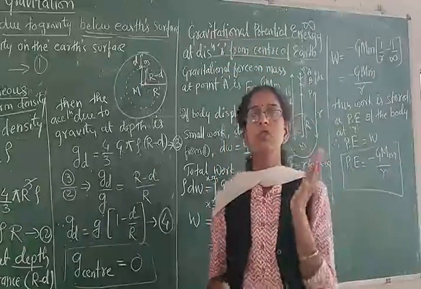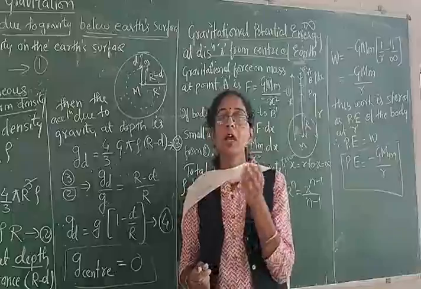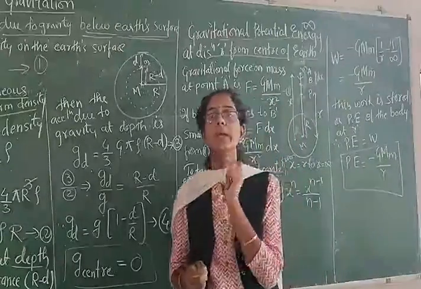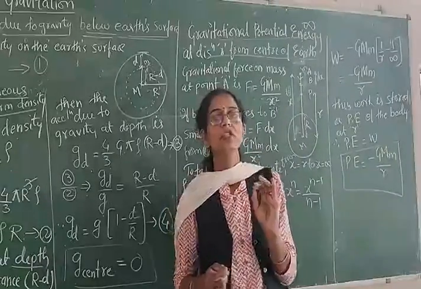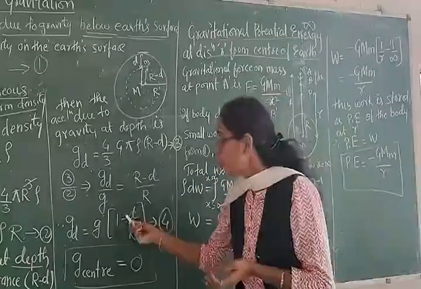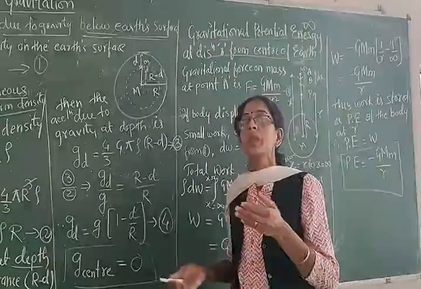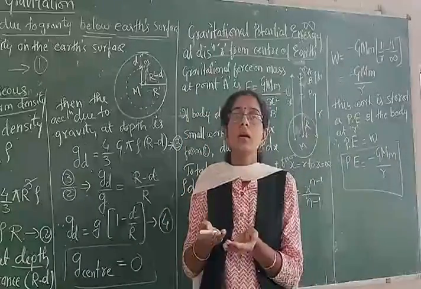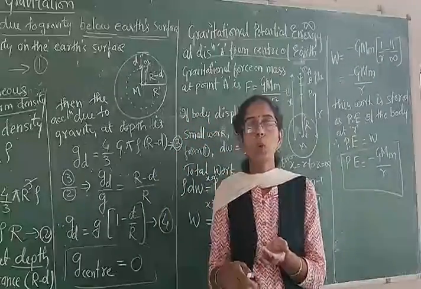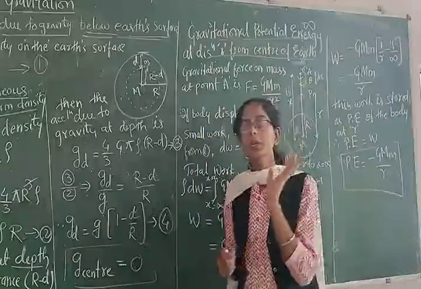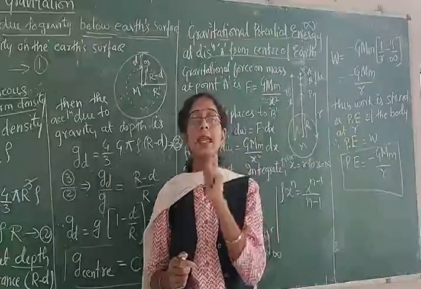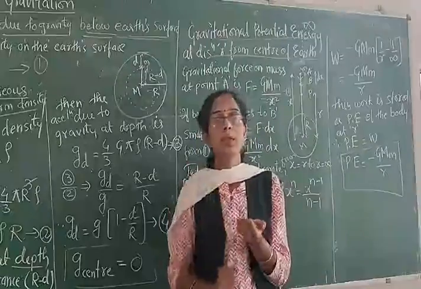In the previous equation we have seen that the acceleration due to gravity above the earth's surface was equivalent to g into 1 minus 2h divided by R. So the value decreased by a factor of 2 times h by R, whereas here it is 1 times d by R. So as I go above the surface, the rate of decrease is a bit higher compared with when I go below the earth's surface. In both cases the acceleration due to gravity is less than 9.8 as I go above and below the earth's surface.